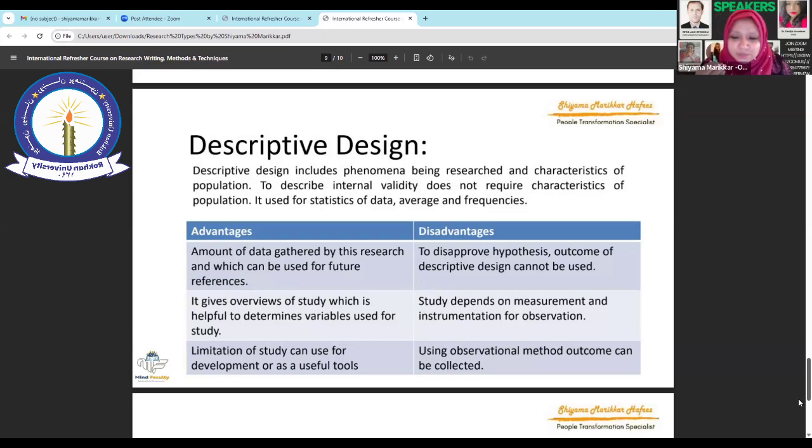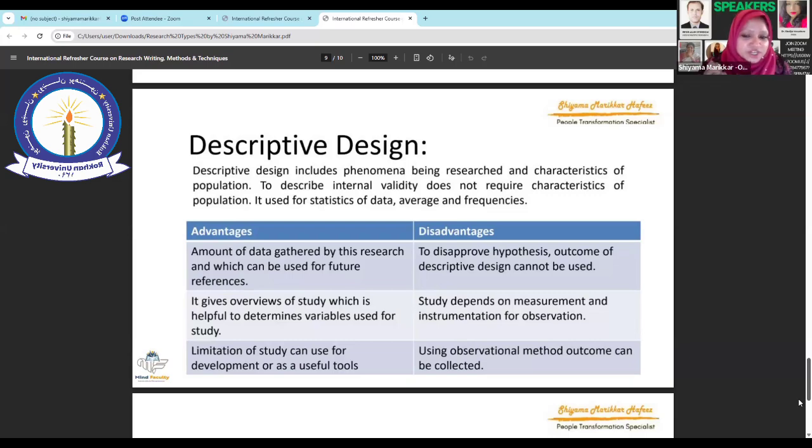The disadvantages: to disprove a hypothesis, descriptive design cannot be used. So if the hypothesis or phenomenon is not provable when you are conducting the research, then you cannot describe the outcome either, right? At the same time, the study depends on measurement and instrumentation for observation. So you will do the measurement part and observe things.